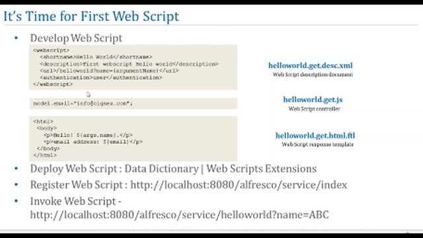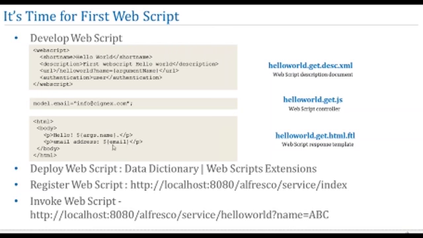That is something that comes from the URL element that we had provided in our description document. Once we hit this URL, it will render our response, the HTML response, displaying that Hello ABC, email address is info@signex.com.